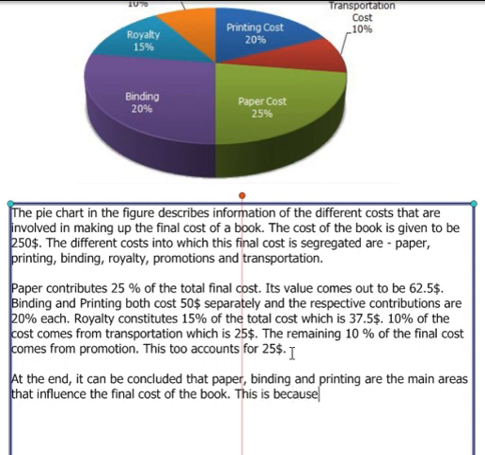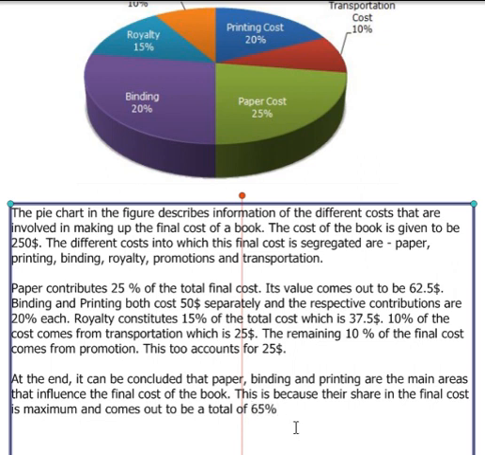This is because their share in the final cost is maximum and comes out to be total of, now 20 plus 20 plus 25. It makes it around 65%. So that is a major share, 65%.